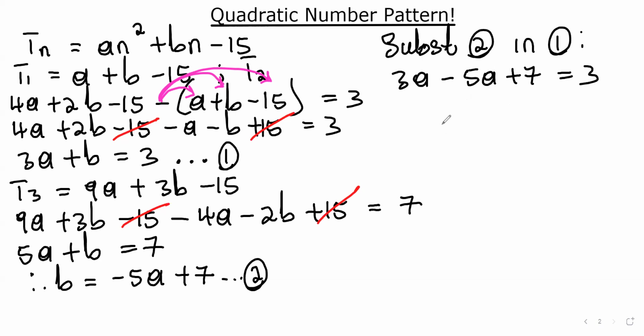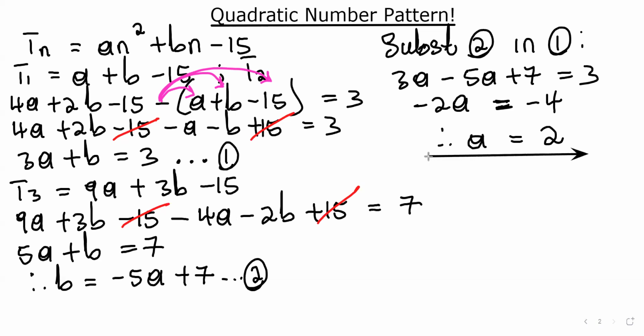And then you say this is equal to 3. Then 3 minus 5 is negative 2. If you take this one to the other side, it becomes negative. Then 3 minus 7 is -4, which means the value of a is supposed to be 2. Exactly how we found it in the previous work that we did, right?